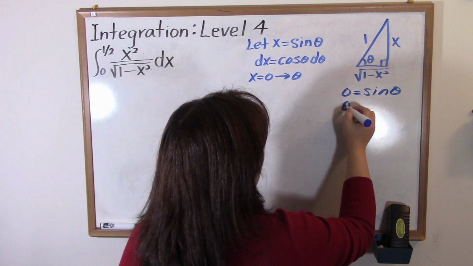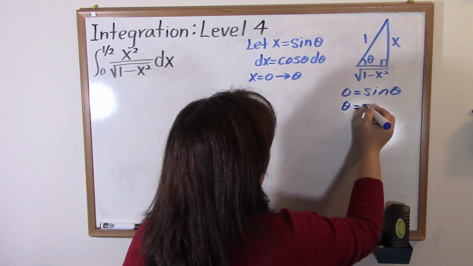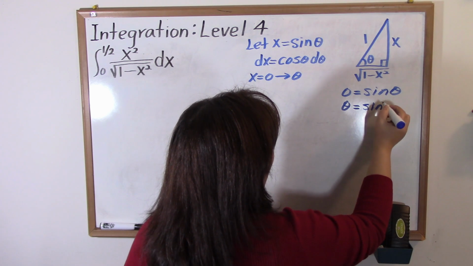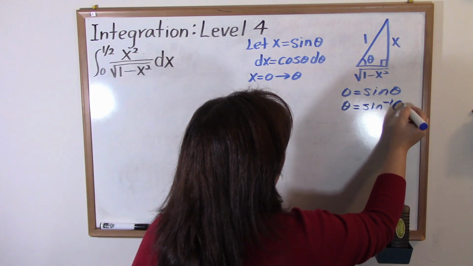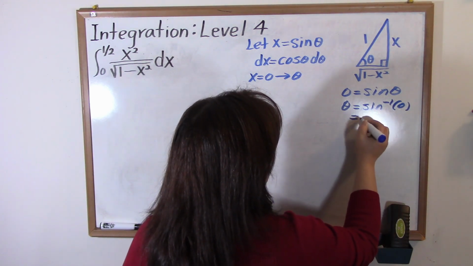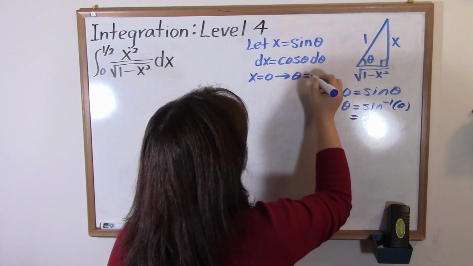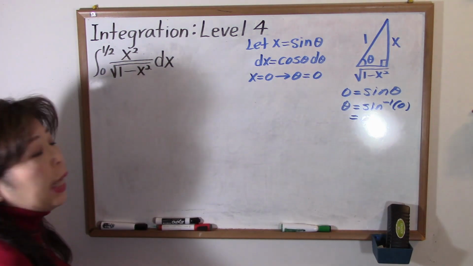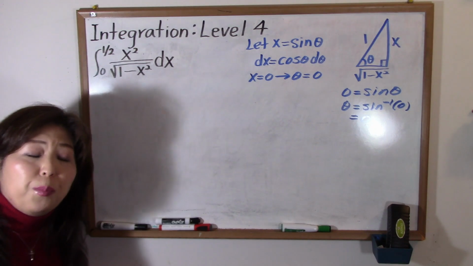So theta is equal to inverse sine of 0, which is 0. So theta is equal to 0 when x is equal to 0.